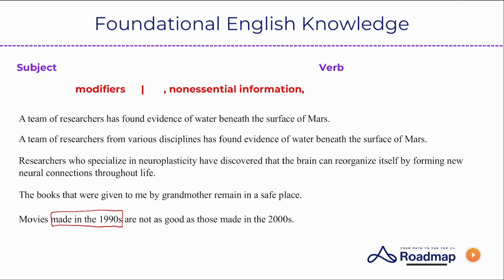So now I know that my simple subject of the sentence is movies, which now tells me that movies is a plural subject. So because it's a plural subject, it has to agree with the plural verb, right? Which is why you see are here. You don't say movies is, you say movies are, right? They are, right? So that's an example of the third type of modifier that you'll see, right?